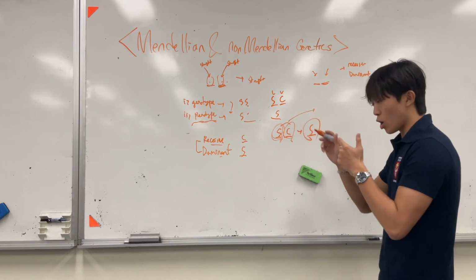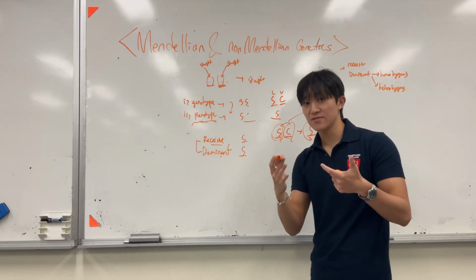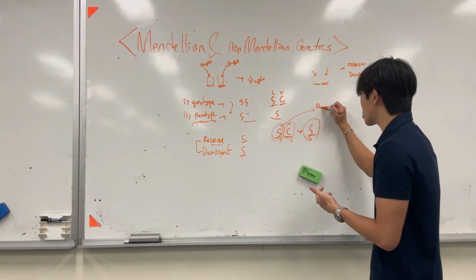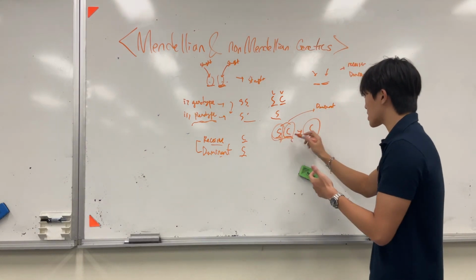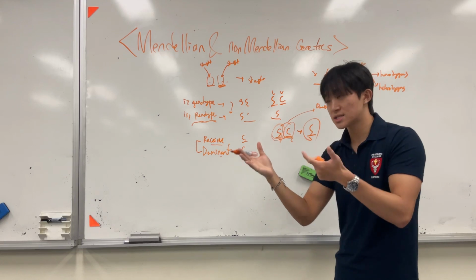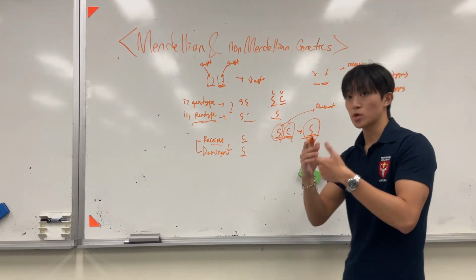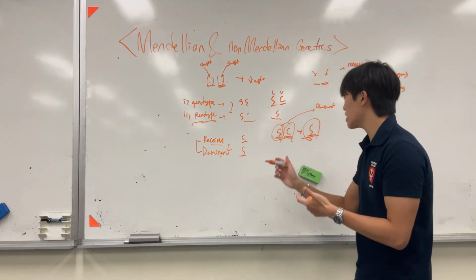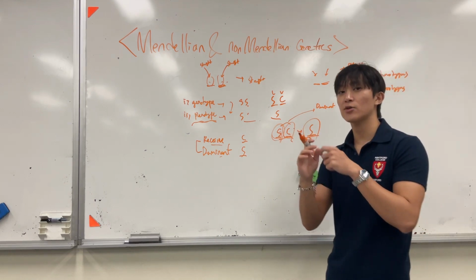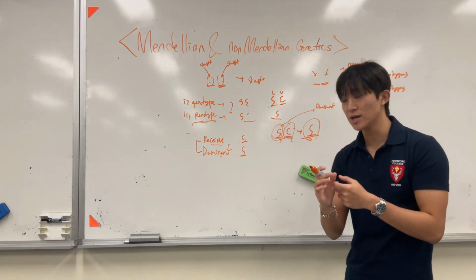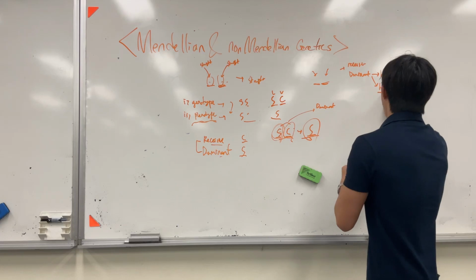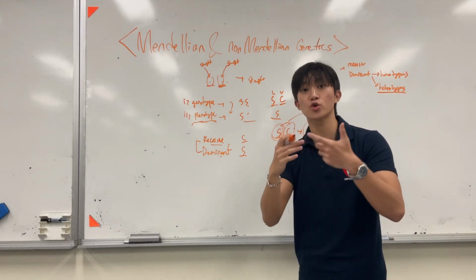Since the dominant allele overrides the recessive allele, you end up with the dominant trait, so the phenotype is seen as the dominant characteristic. However, if you look at the genotype, you can see there's a mixture in the two alleles. In this case, we call it a heterozygous dominant trait.